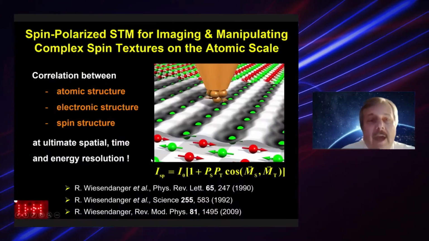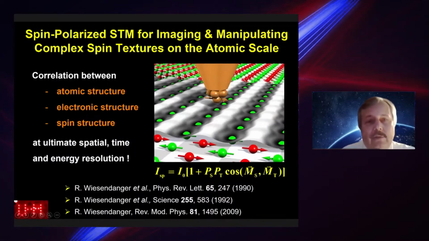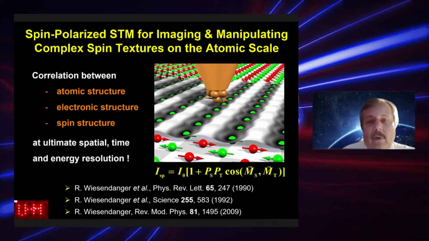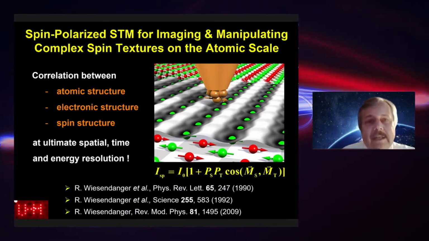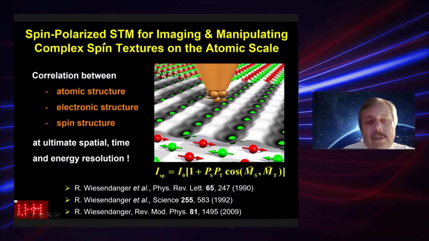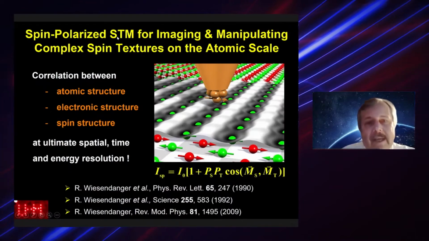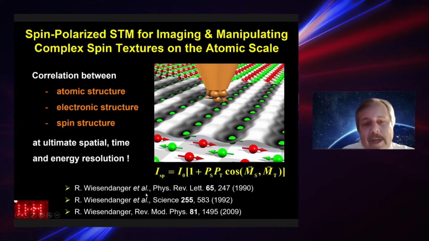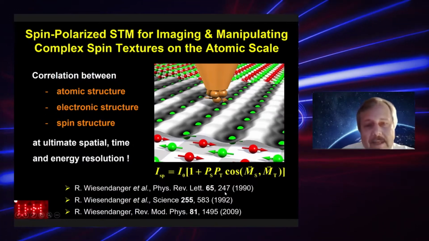So I'm only aware of one experimental tool which can bring together all these necessary ingredients, and this is the spin-polarized or spin-resolved version of the scanning tunneling microscope, which we pioneered about 30 years back in time.